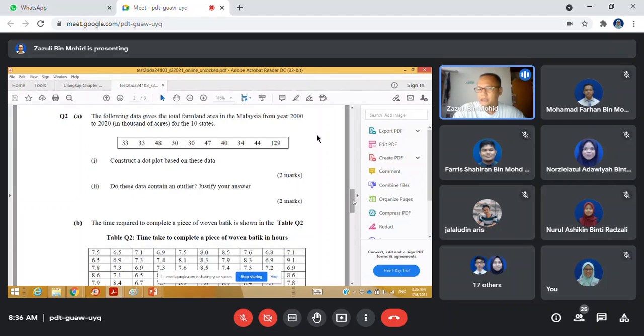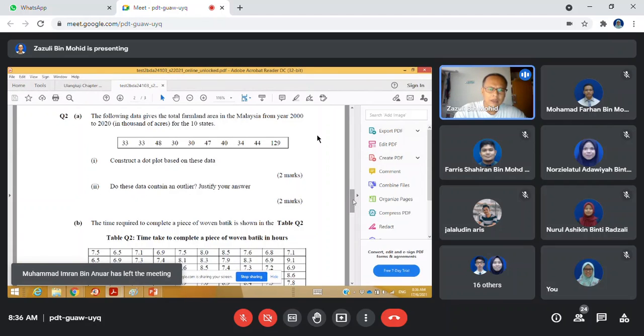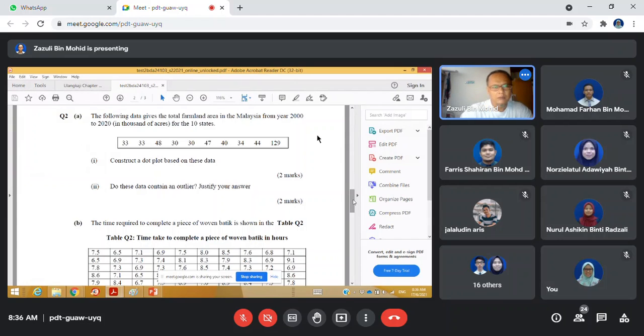The following data gives the total farmland area in Malaysia from 2000 to 2020 for the past 10 states. Okay, it has the past 10 years of data and it's given like this. So the question is to construct a dot plot based on this data.